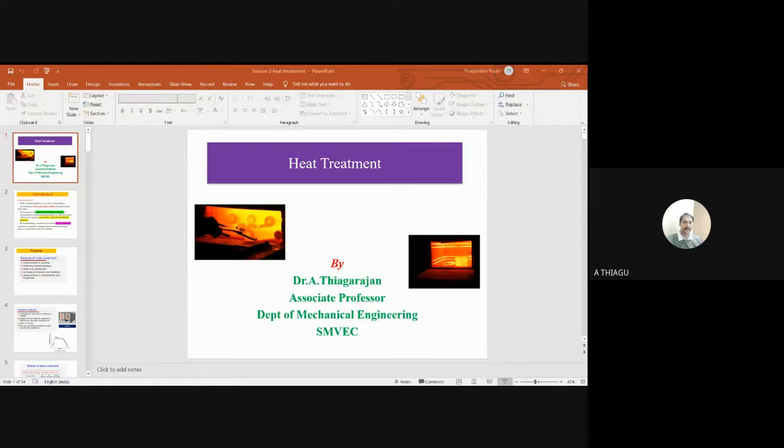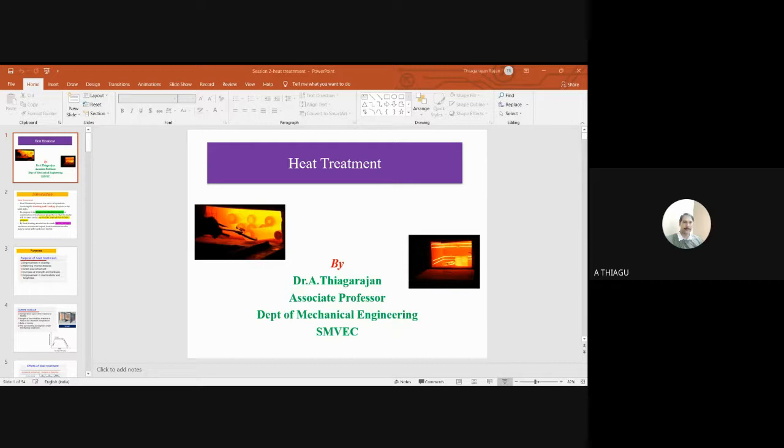So what are the materials involved for the pack carburizing process? The rich carbon material, charcoal, is selected, and we have to have some chemical material like sodium carbonate or barium carbonate. These materials are called energizers because they are used to accelerate and liberate more carbon from the charcoal material.